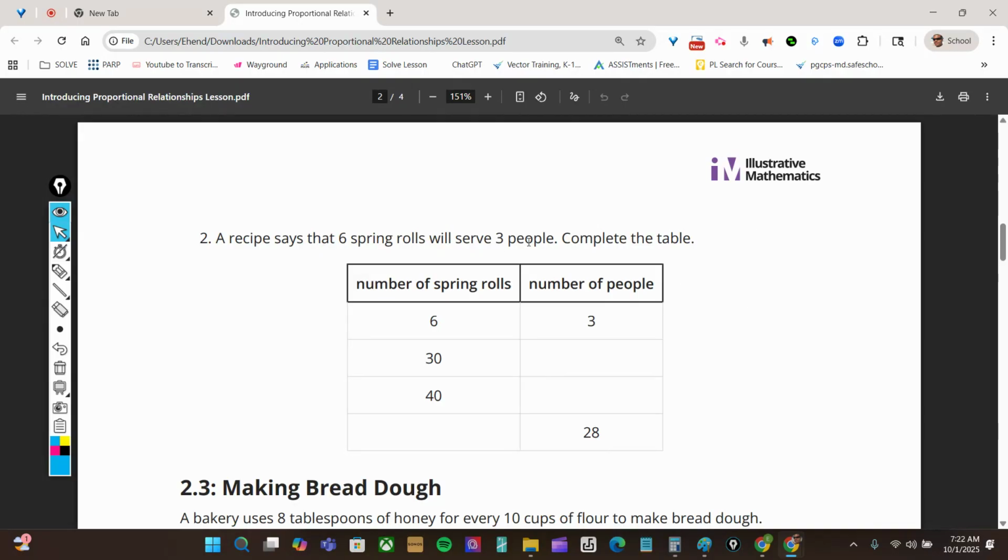All right, so here we can start looking at constant equals y divided by x.